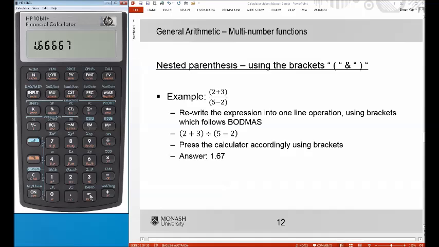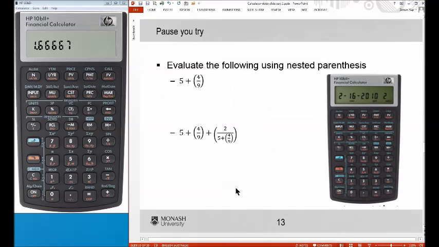And our final answer is 1.67. Now, please pause the video and try the following examples using nested parentheses.